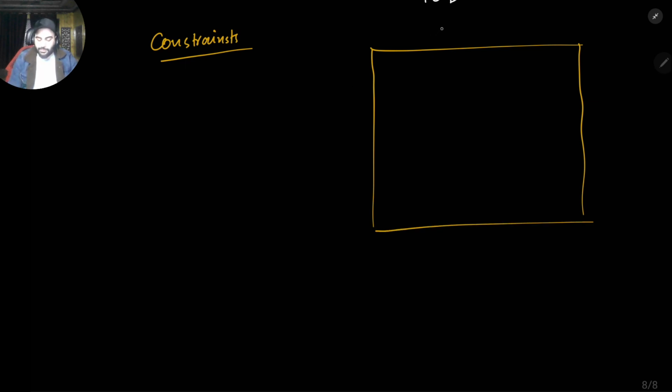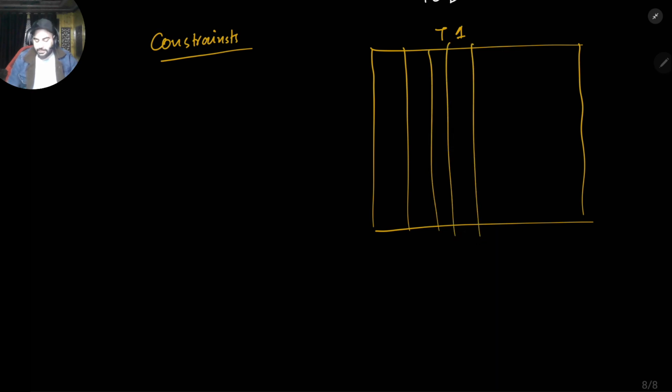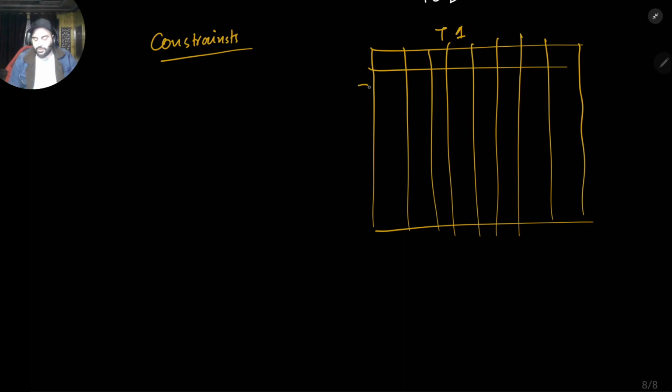Let's suppose we have a table, a relation, let's call it T1. There are different columns, different attributes. These are the attribute list, and here we have the data. Sometimes we know that if there is a column age, the age value cannot be null.